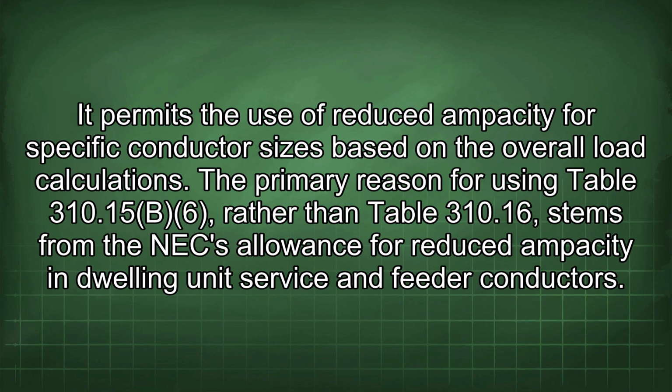It permits the use of reduced ampacity for specific conductor sizes based on the overall load calculations. The primary reason for using Table 310.15(B)(6) rather than Table 310.16 stems from the NEC allowance for reduced ampacity in dwelling unit service and feeder conductors.